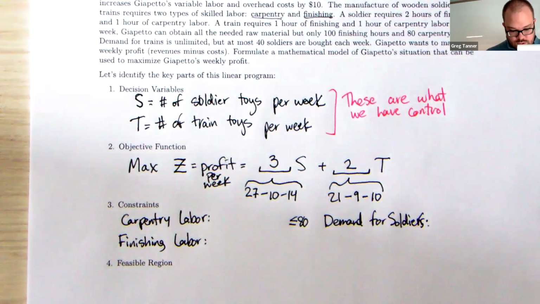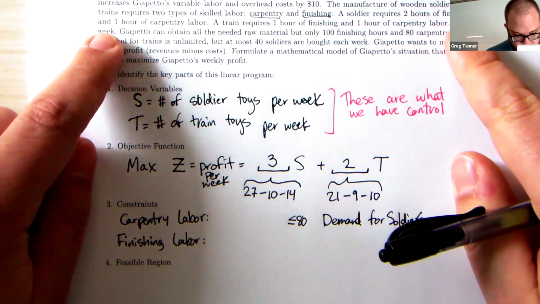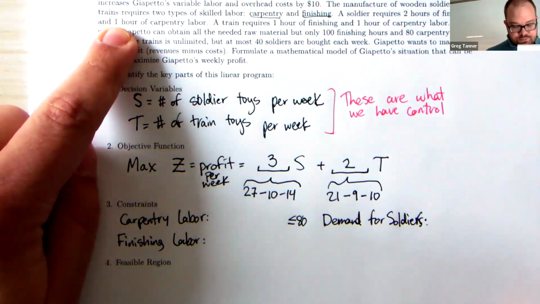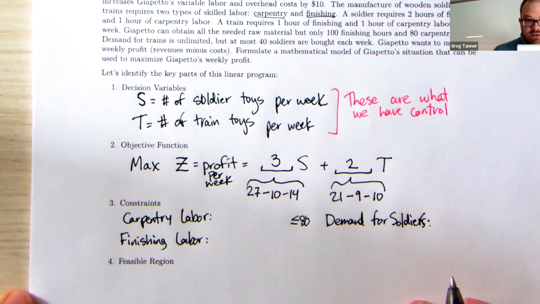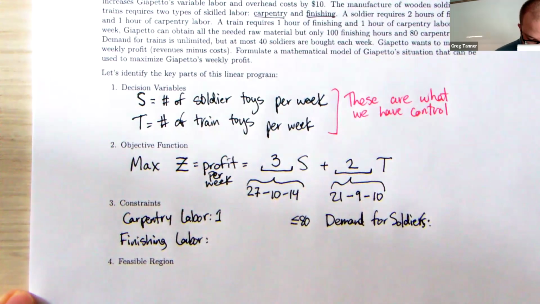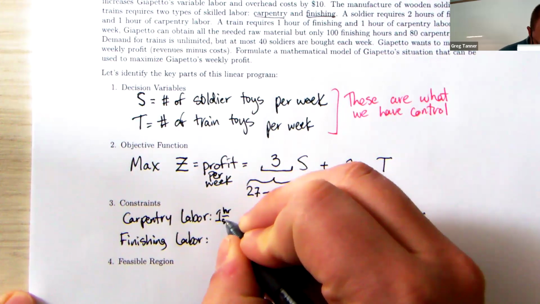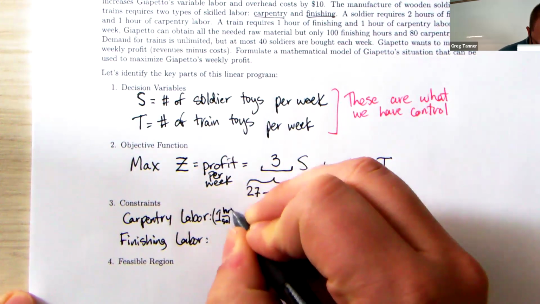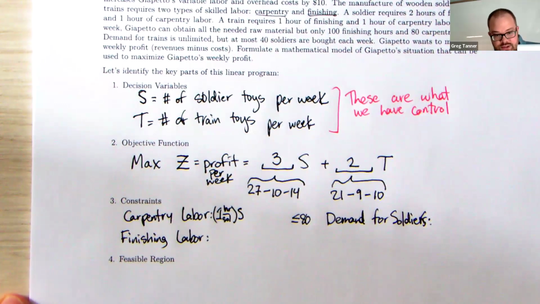Well, each soldier requires 1 hour of carpentry. So 1 hour per soldier times the number of soldiers will give us the carpentry hours used up by soldiers.